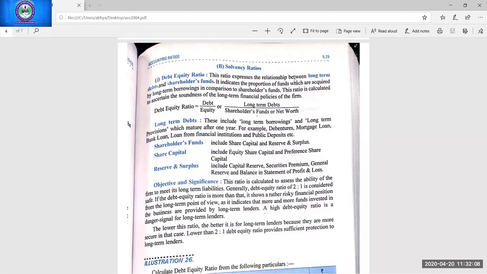It means whatever assets are purchased by the business, most of them are purchased by taking loans. So in future, if the firm is going to wind up, then the lenders may not get their money back if their loans are unsecured loans. So am I clear? So now the questions.